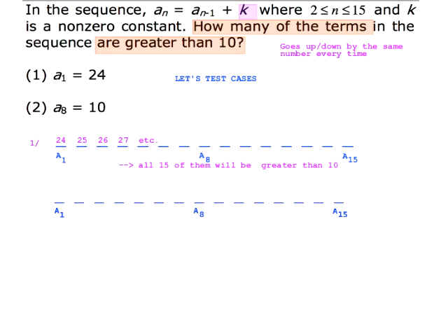To create a series in which what? Remember, it's a how many question. You get not sufficient. In this example, all 15 terms are greater than 10. So we just need to create a situation in which any of them are. Because if the answer is not 15, then boom.